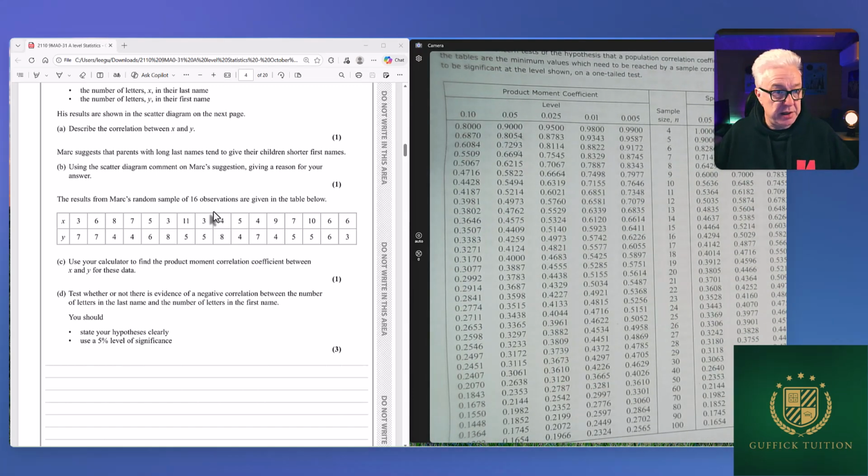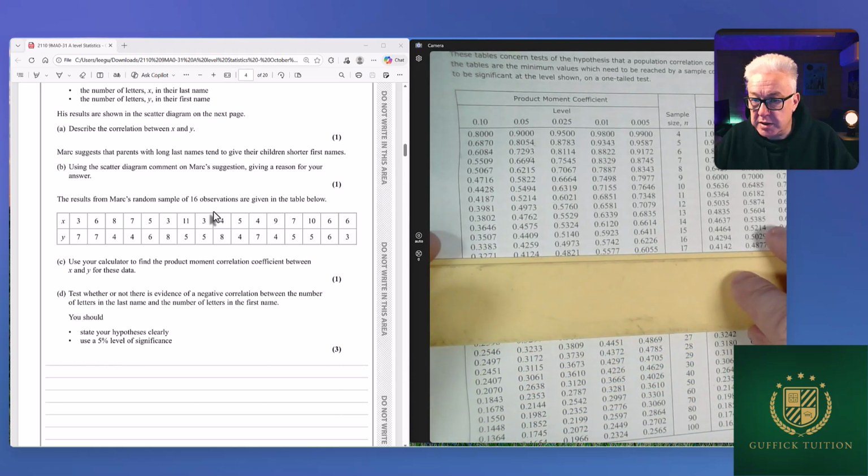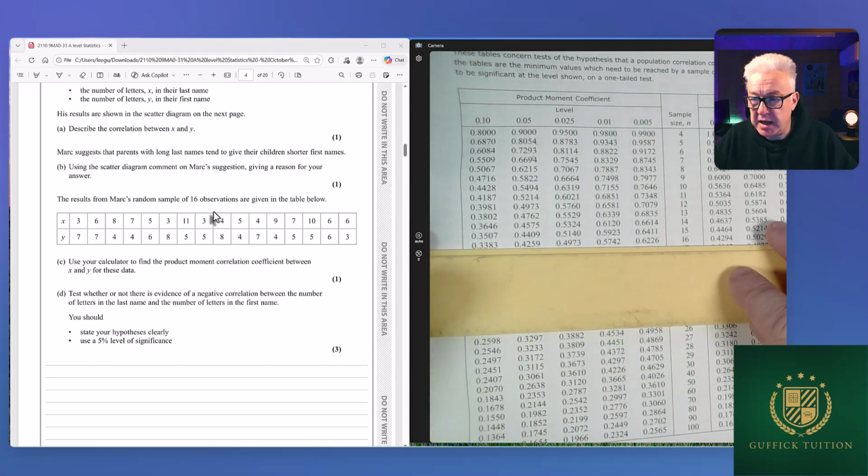Now, it tells us in the question that there were 16 observations. So we need to go to the table for PMCC and go down to a sample size of 16. We're investigating a negative correlation, so it's a one-tailed test, so we don't need to halve our significance level. Okay. And we're being told to test at a 5% level of significance.